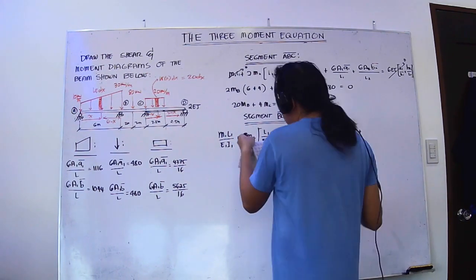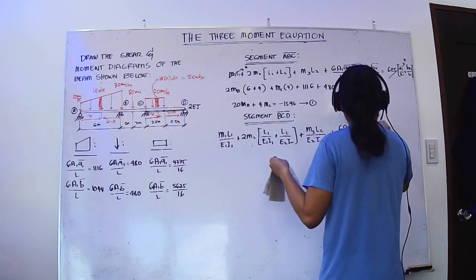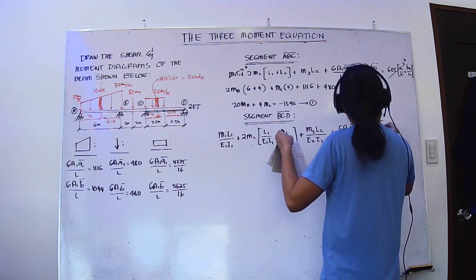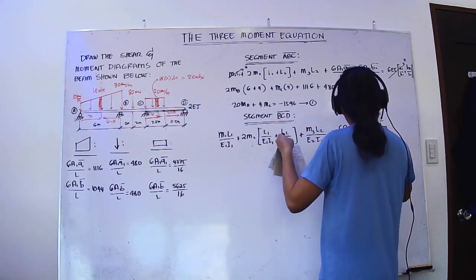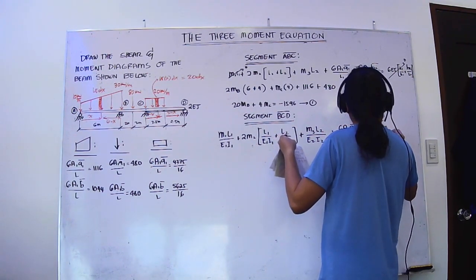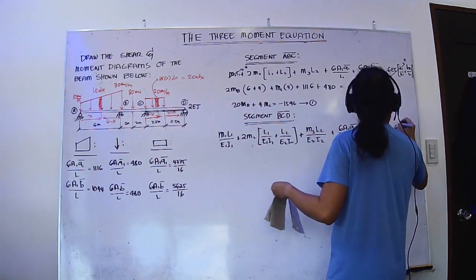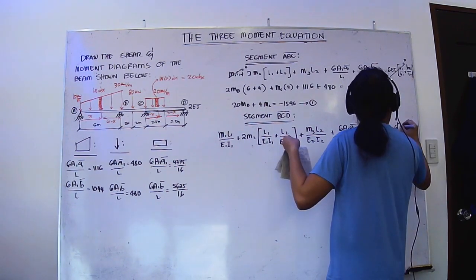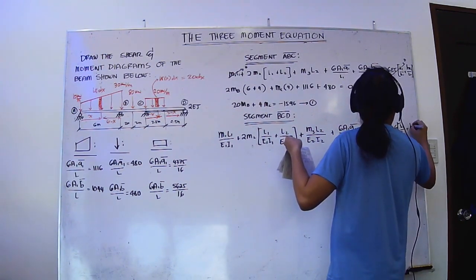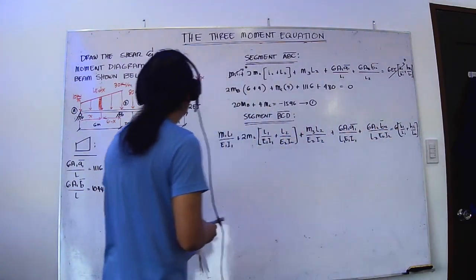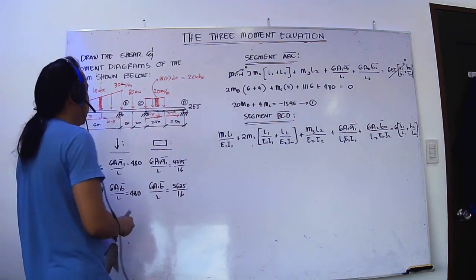Okay? Plus 6 A2 b2 over L2 E2 I2 is equal to 6 H1 L1 plus H2 L2. Okay? Sorry, this is the sequence for CD, the earlier portion.